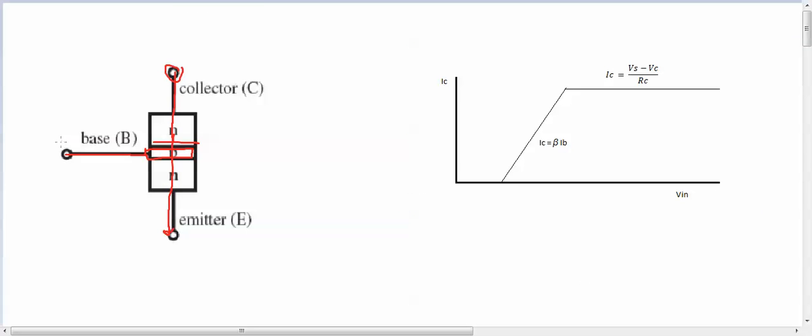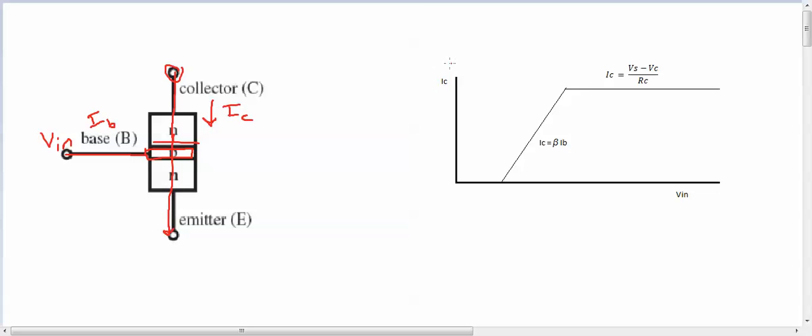Because we're dealing with electronics, we're going to have some voltage coming into the base, and that is going to allow the current going through the collector, and that's going to be our IC. And this is the current going through the base.